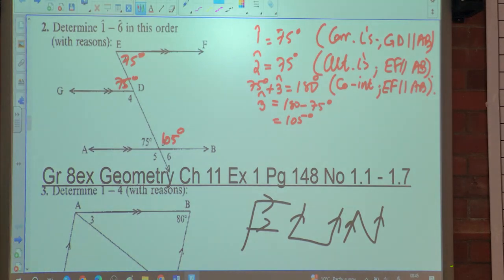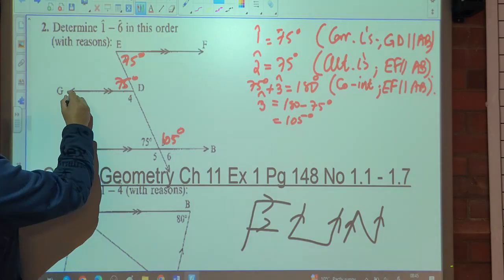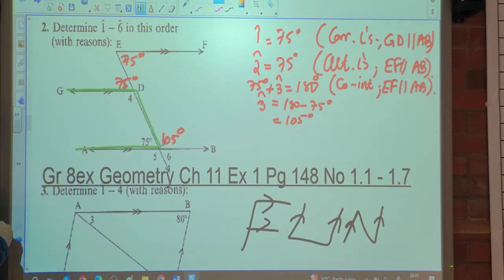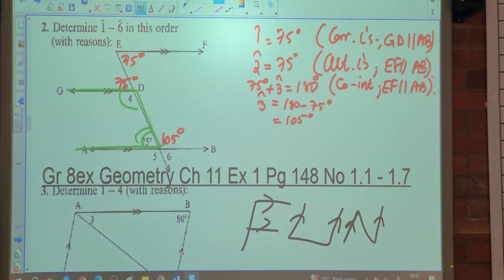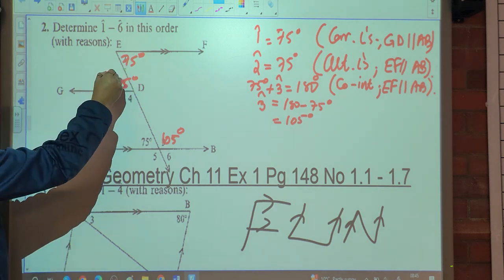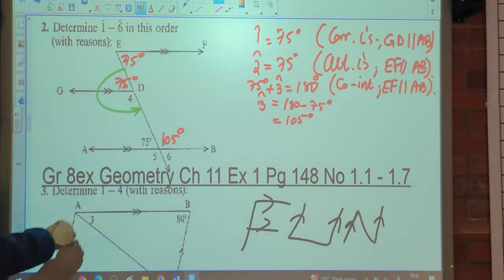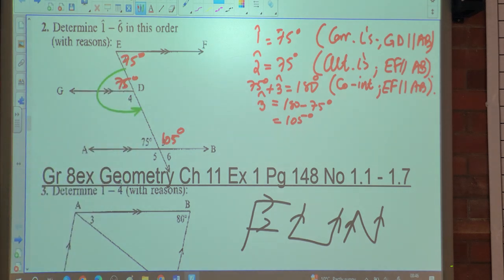I'm going to do angle 4. Co-interior, yes. That's one way. So angle 4 plus 75 is co-interior. How else? Angles on a straight line. So 75 plus angle 4 is also 180. Straight line.